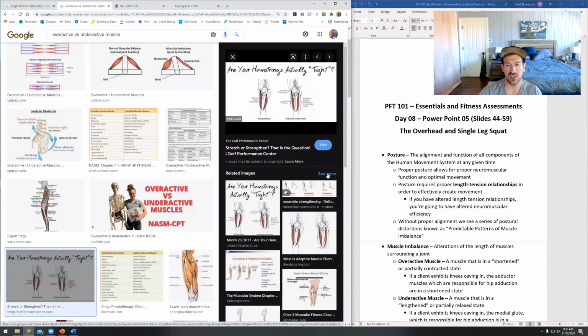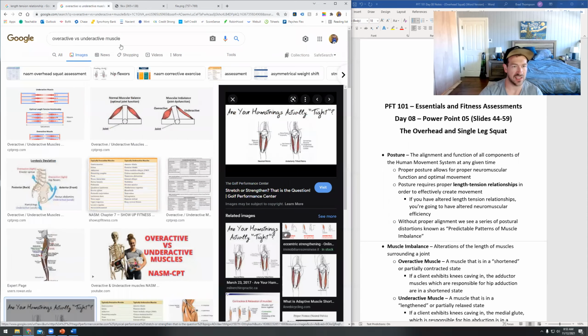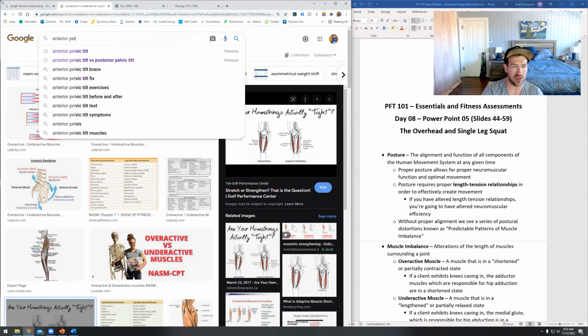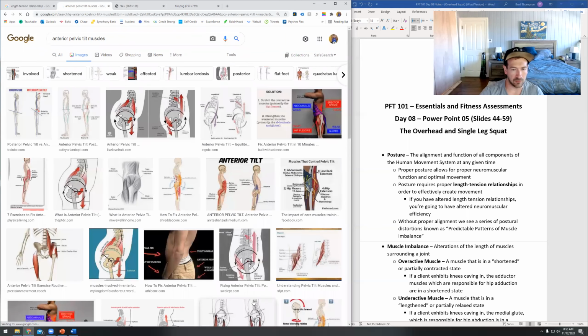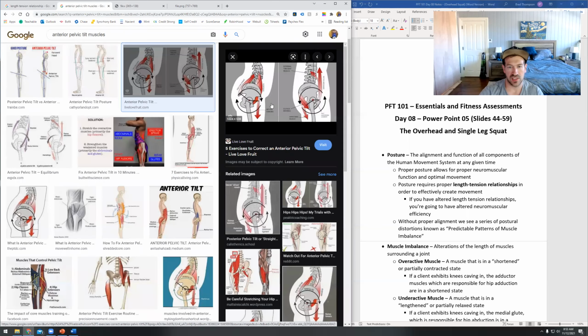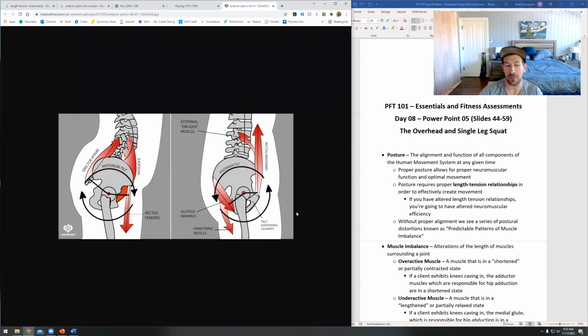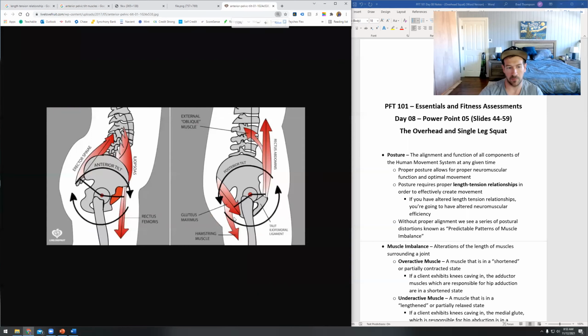Here's an interesting look at this. Let's take the anterior pelvic tilt muscles. Take a look at these two postural distortions that are opposites of each other. On the left-hand side, this is an anteriorly tilted pelvis.